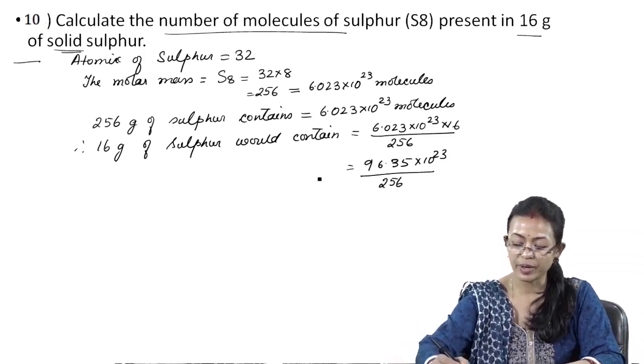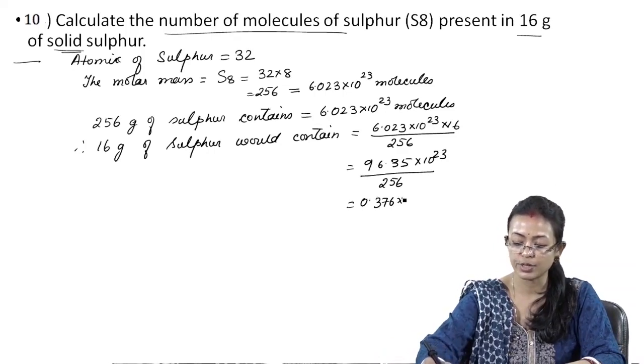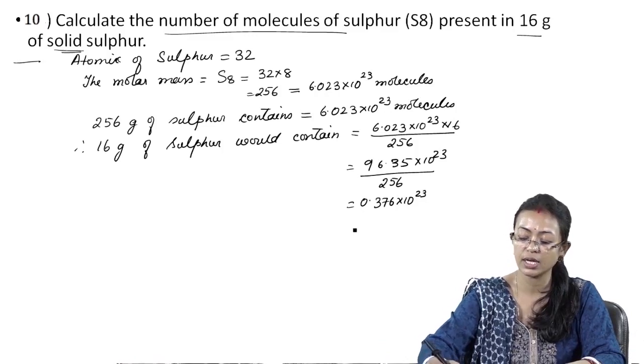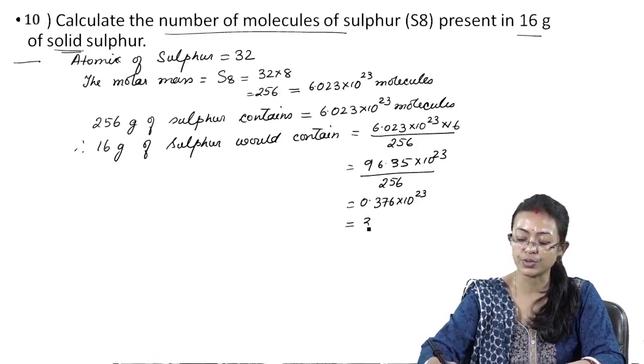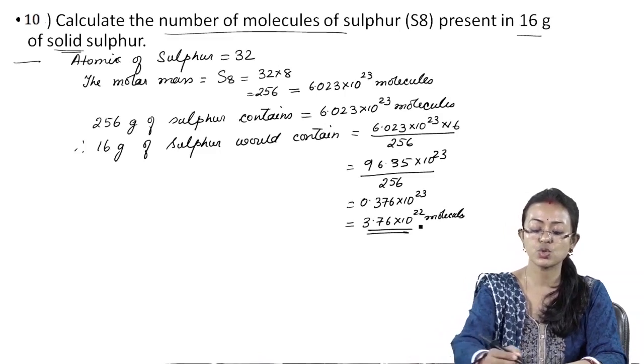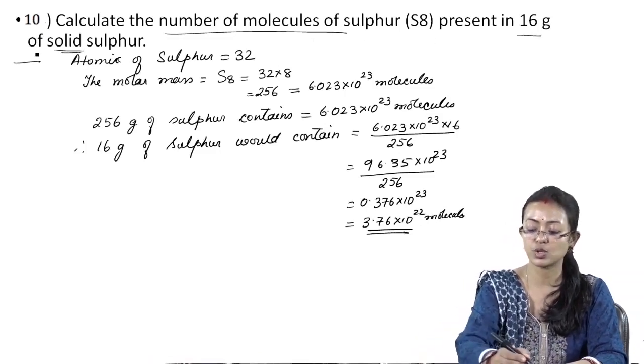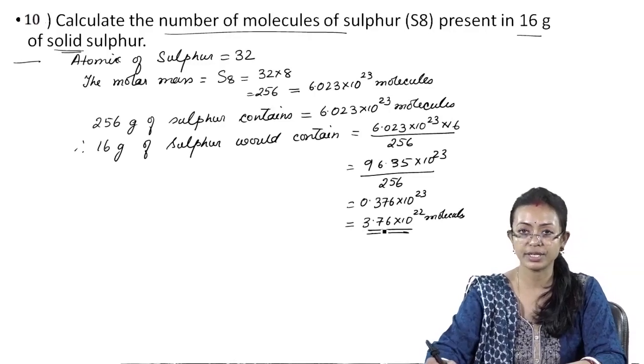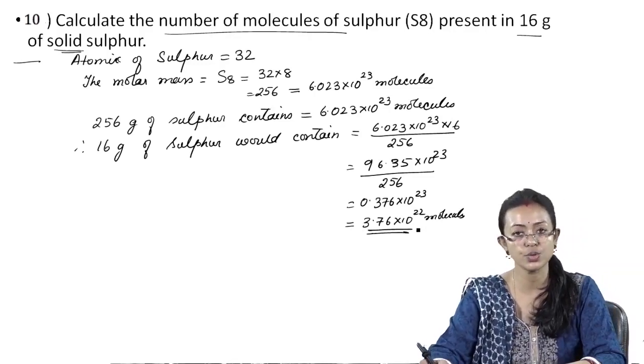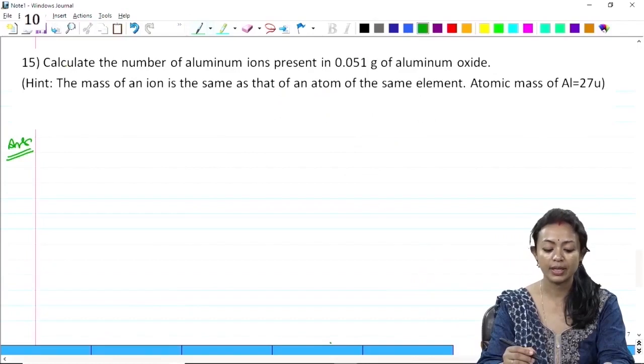So when you calculate, it is going to be 0.376 into 10 to the power 23, or which is equal to 3.76 into 10 to the power 22 molecules. Alright, so the number of molecules that is present in 16 gram of solid sulfur is 3.76 into 10 to the power 22 molecules. Alright, now let us do the next question.